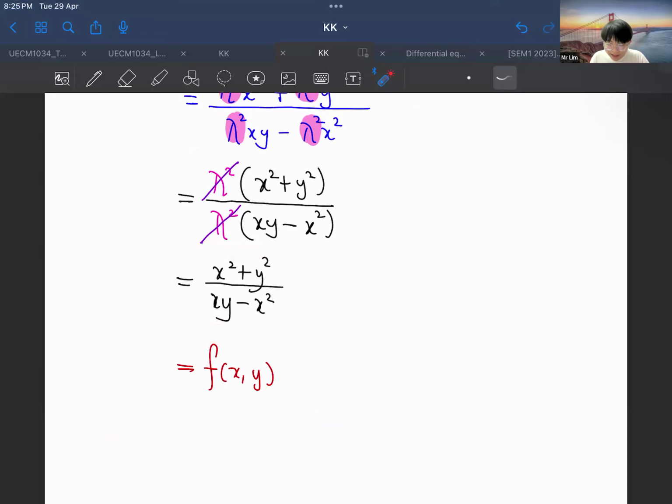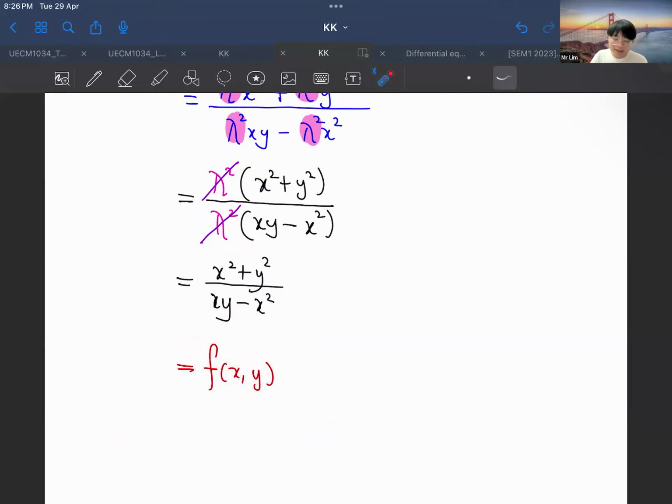Of course, I didn't know at first that this one must equal f(x,y). I'm going to check whether it is true or not. In this case, yes, because I chose my particular example. But in case it is not, then maybe you can say why it is not. That is your own job.